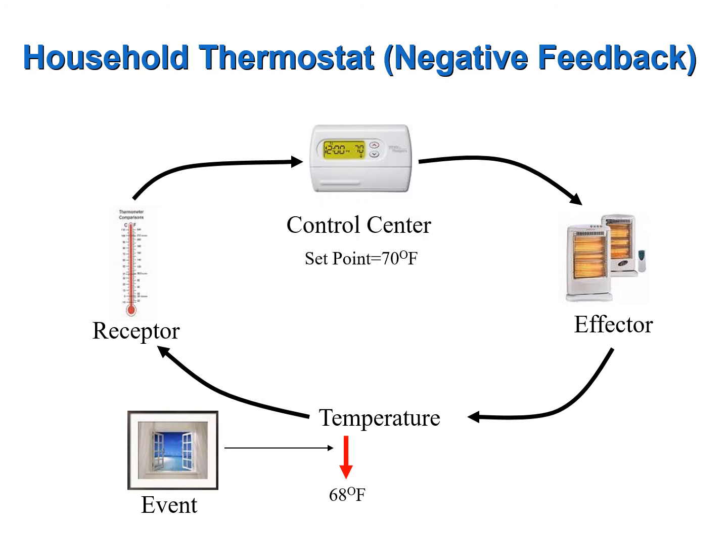The control center is the integration center. It's going to compare the 68 degrees Fahrenheit with the set point of 70 degrees Fahrenheit and make a decision to turn on the effectors, in this case the heaters. The heaters will blow hot air and will attempt to raise the temperature back to 70 degrees Fahrenheit.